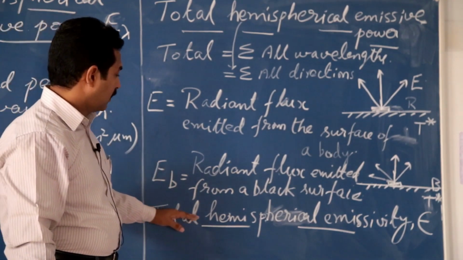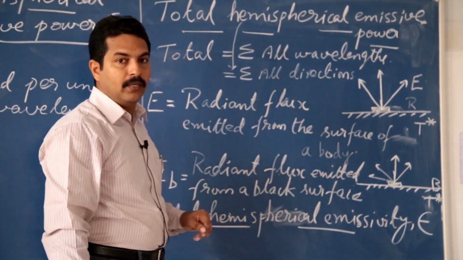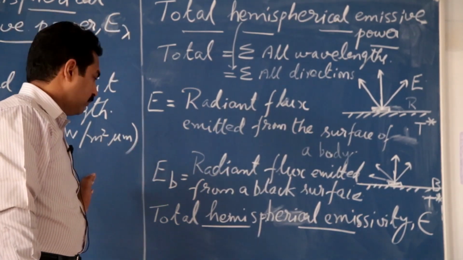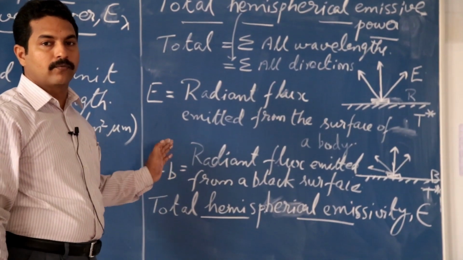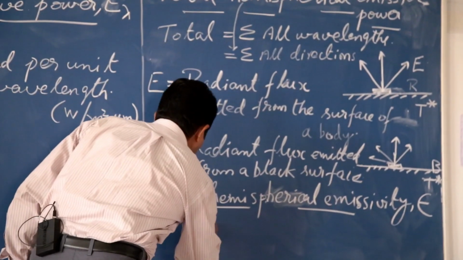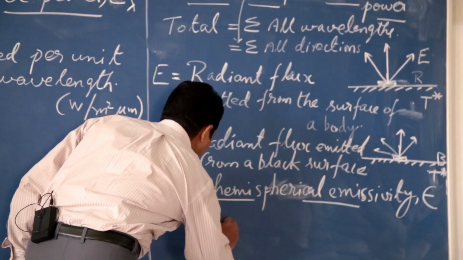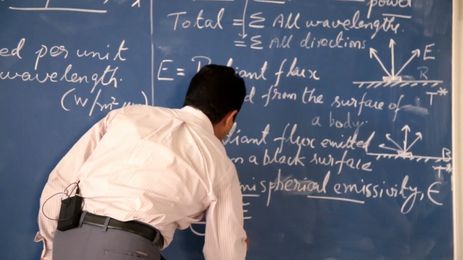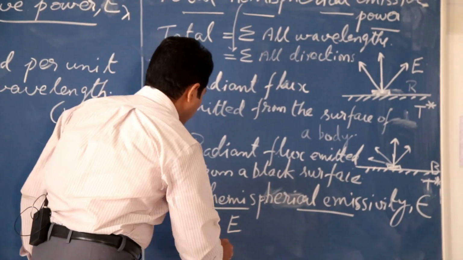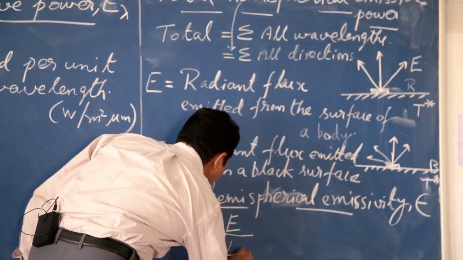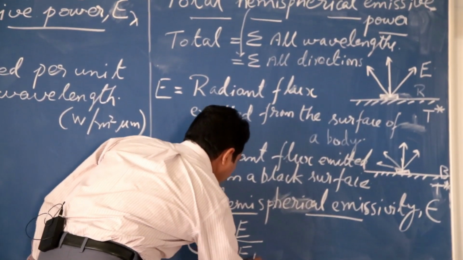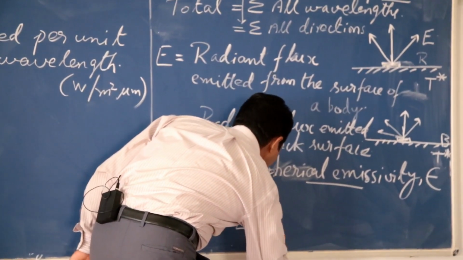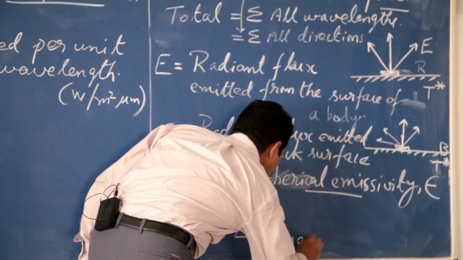Then what is total hemispherical emissivity? Total hemispherical emissivity is the emissivity for all the wavelengths as well as for all the directions. I can write it as a ratio: the total hemispherical emissive power of the real surface divided by the emissive power of a black surface at the same temperature. The temperature remains the same.